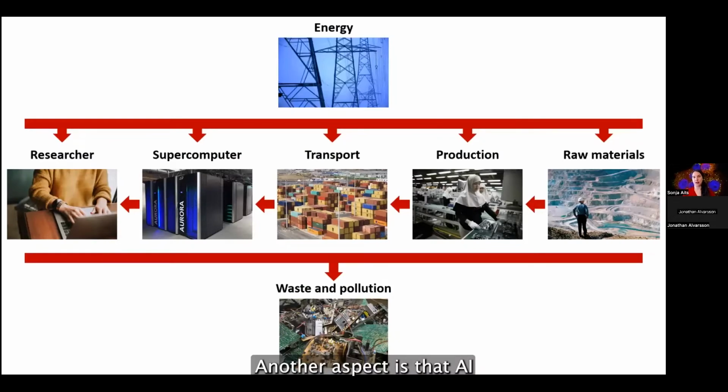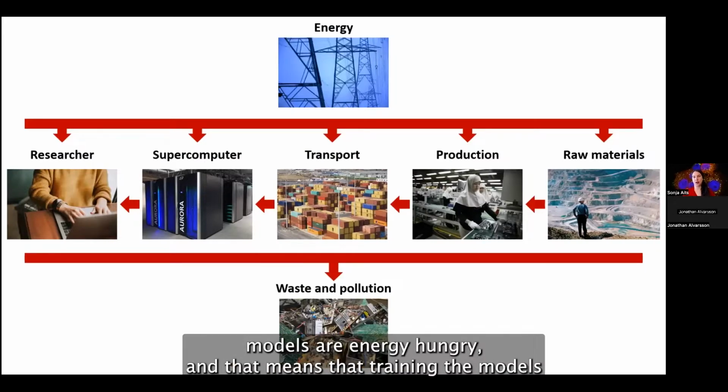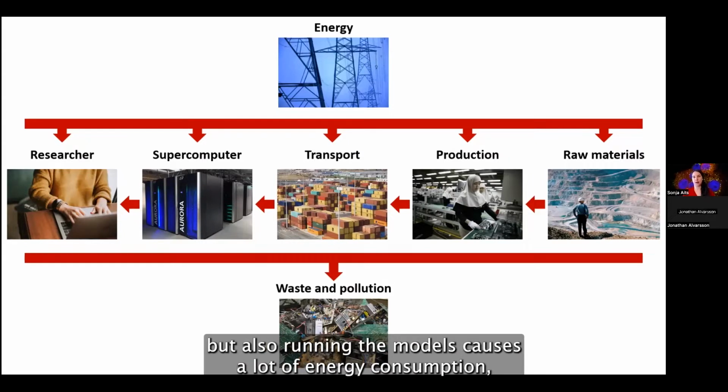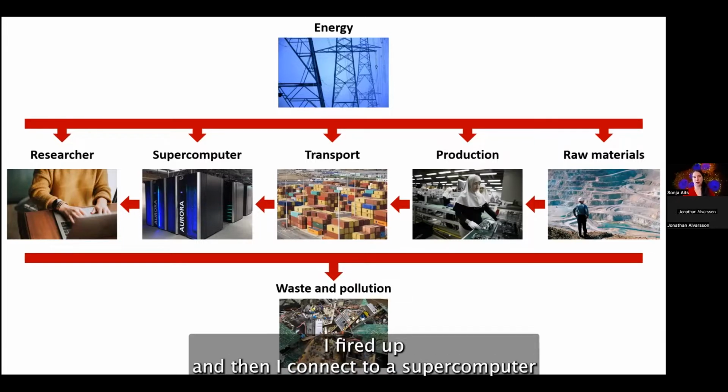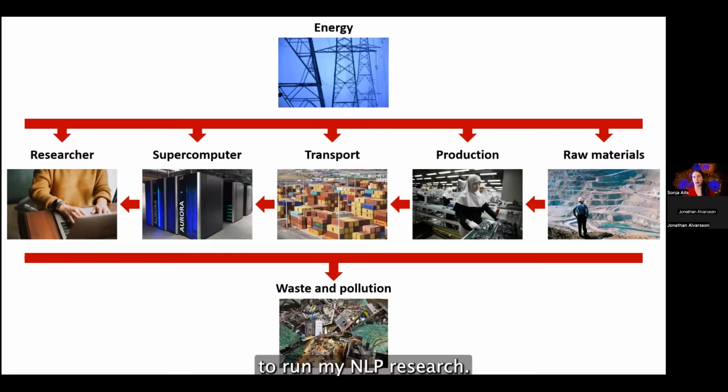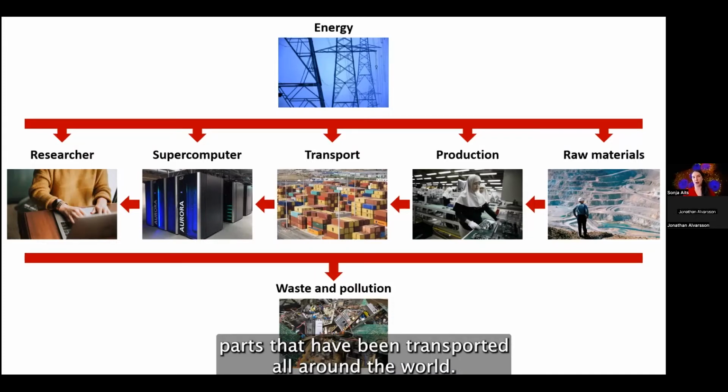Another aspect is that AI models are energy hungry. That means that training the models, but also running the models, causes a lot of energy consumption. If I, as a researcher, fire up my laptop and then connect to a supercomputer to run my NLP research, then this supercomputer was assembled from parts that have been transported all around the world.